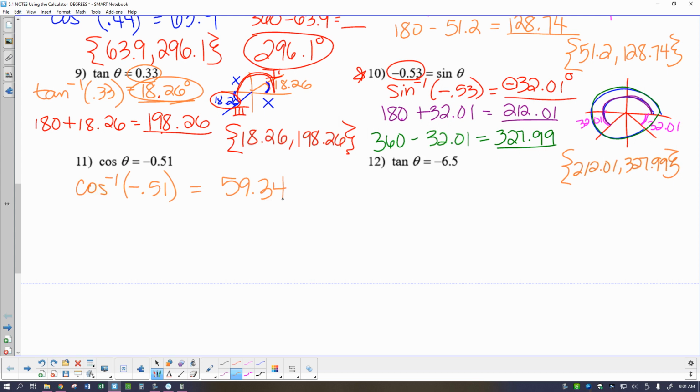This is confusing to me because, based on cosine being negative, I expected it to be in the second and the third quadrant. This 59.3 is actually here in the first quadrant. So how can I connect those two? This is 59.34, which means this is also 59.34. I want the angle that ranges from here to here.